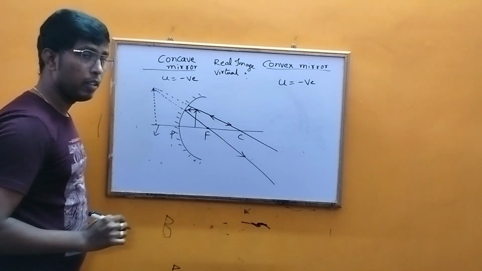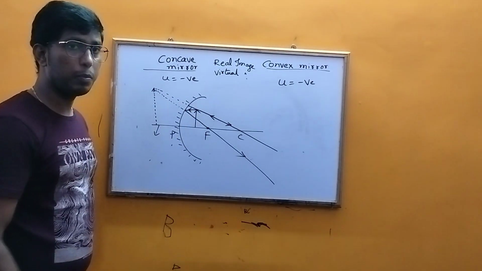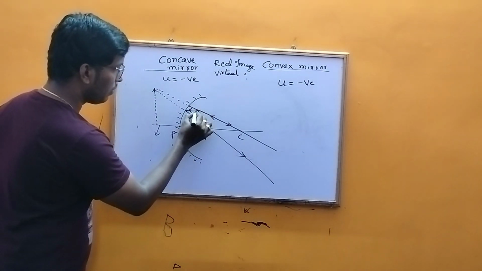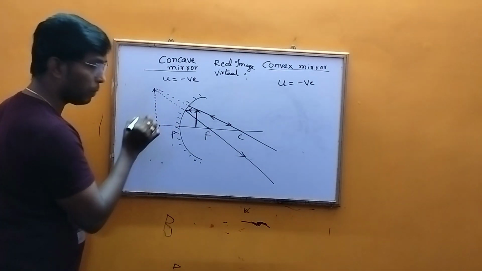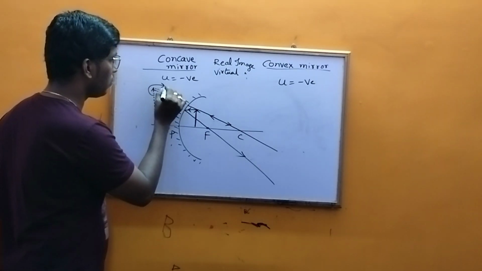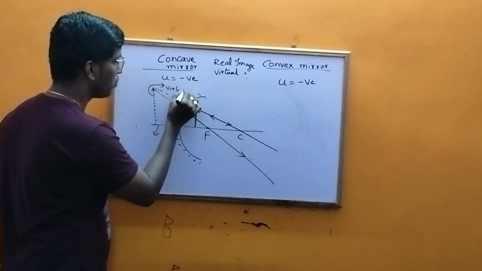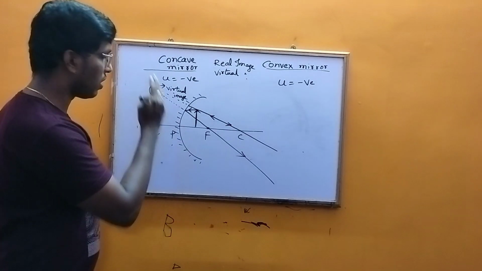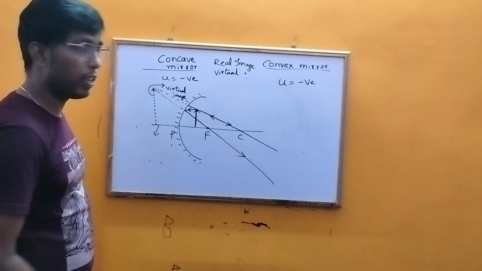At that point we will get the image for this object. This is an object and here this is an image I have drawn with dotted lines. This type of image is known as virtual image. And the image is straight, we use the term erect.